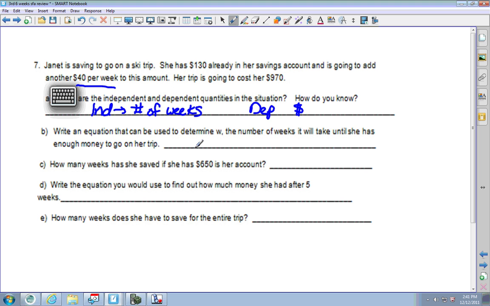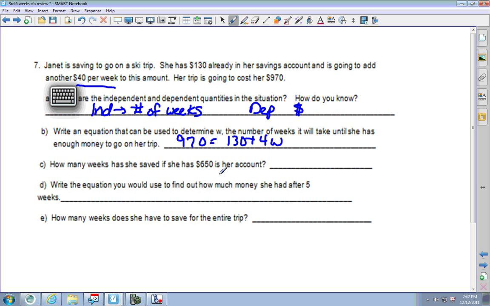Write an equation to determine W, the number of weeks until she has enough money to go on her trip. There's a couple ways you can write this equation. I'd do 970 equals 130 plus $40 per week.